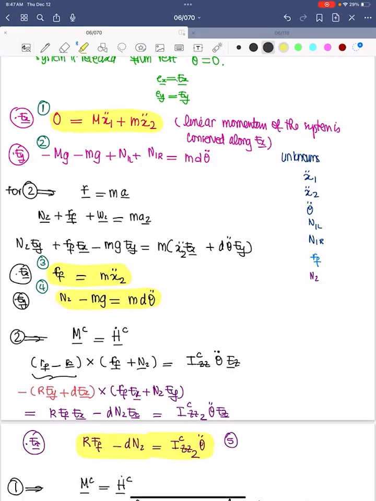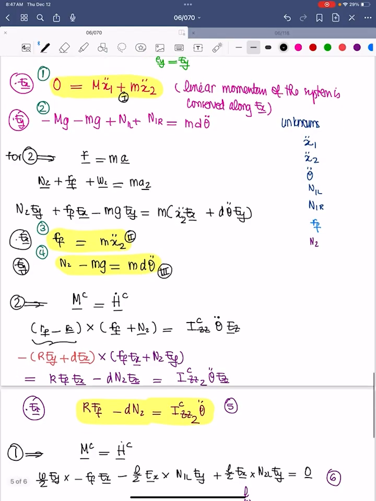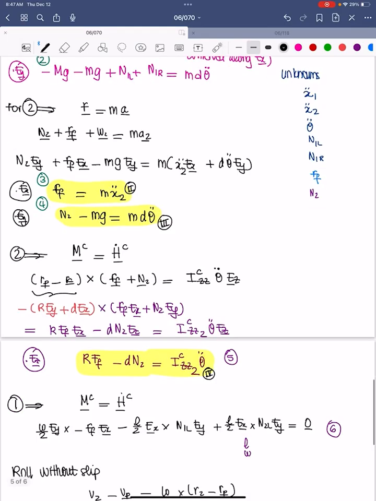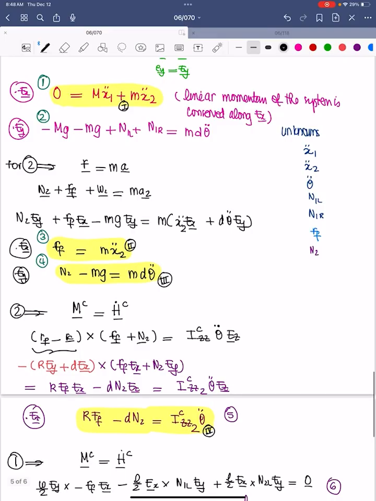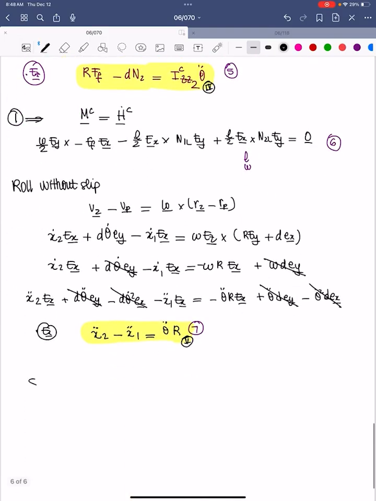Okay, so then equations 1, 2, 3, 4, and 5 have the 5 unknowns, which are all of these unknowns except N1L and L2L. So we can solve 1 through 5 for x double dot 1, x double dot 2, theta double dot, N2, and the friction force.